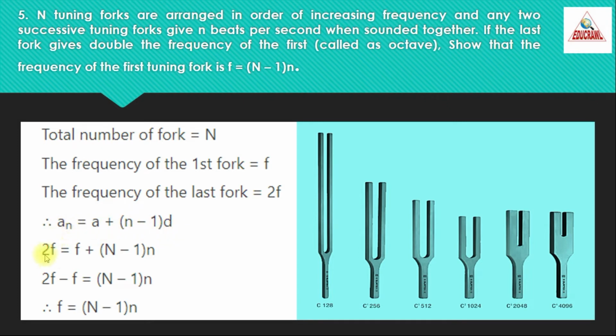Substituting the an value as 2f, a value, that is the frequency of the first one, as f, plus N minus 1 into small n, where small n is the difference in frequency. Now taking the small f to the left hand side, we have 2f minus f is equal to N minus 1 into n. So 2f minus f is nothing but f. So f is equal to N minus 1 into n, which we have to prove. Hence proved.